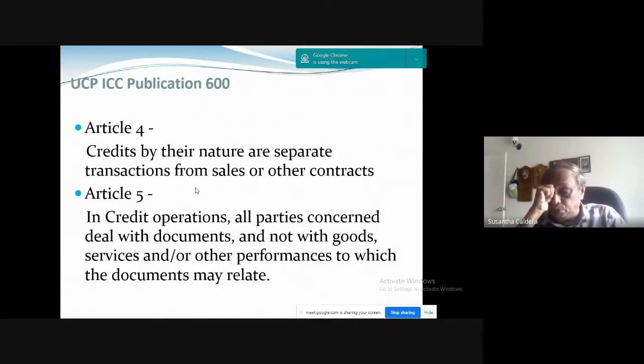We are not dealing with goods. We are only dealing with documents, not with goods, services, or other performance to which the documentary credit may relate. Right? We are only dealing with documents.